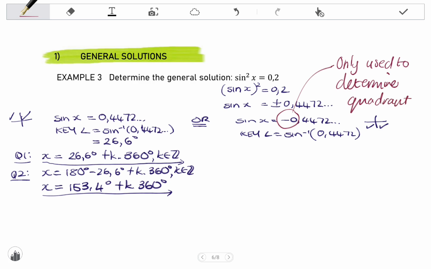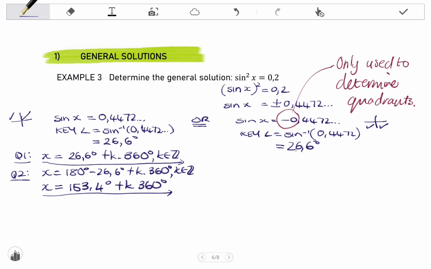You will notice that if you do include the negative in your calculation of the key angle, you will get a negative angle. And remember, in a previous example, I said that your key angle can never be negative. So our key angle is actually the same as previously, 26,6 degrees.